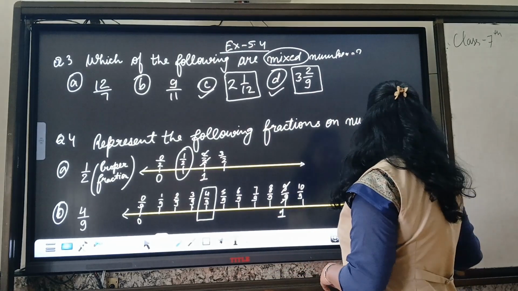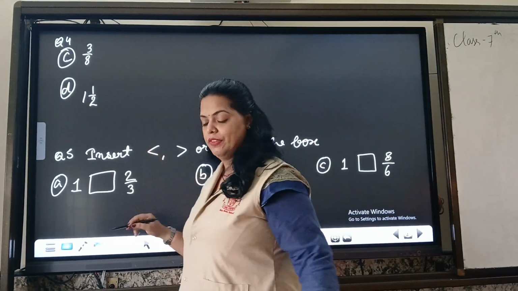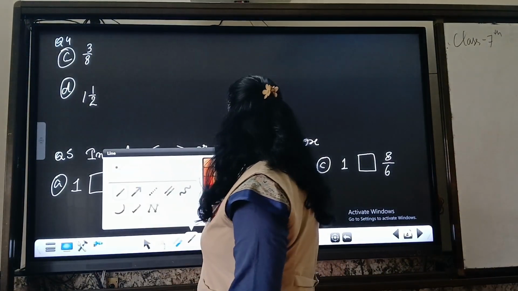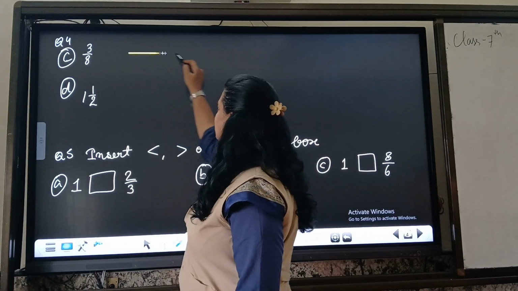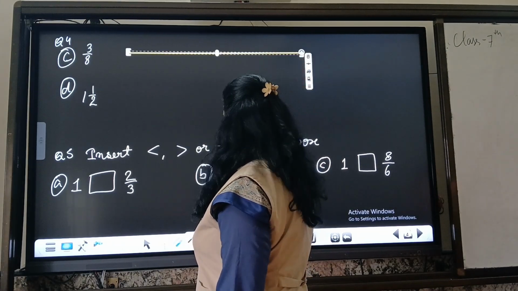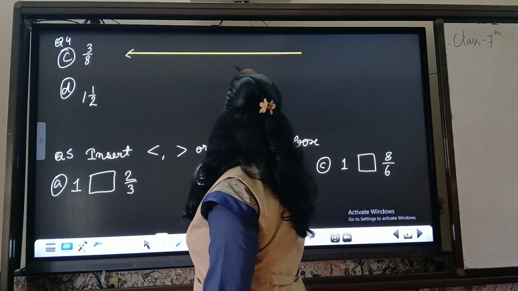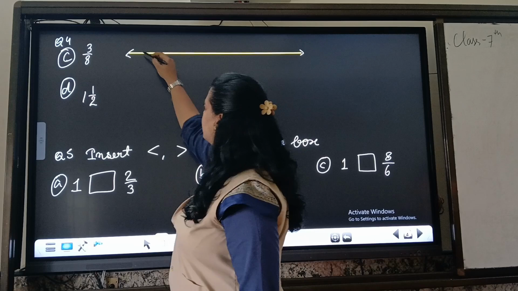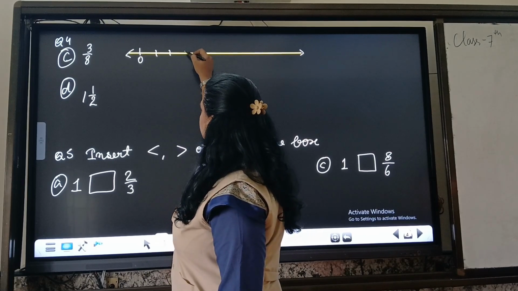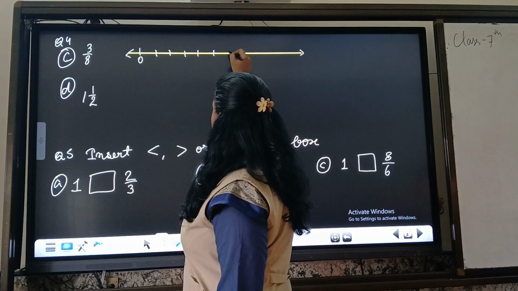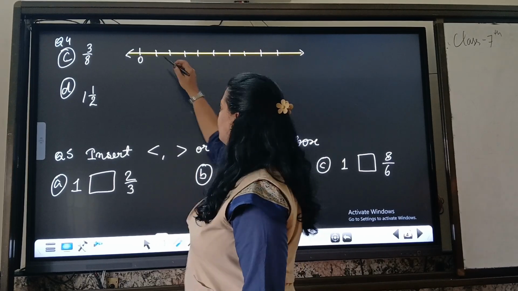Okay. Now, in our C part, we have 3 upon 8. We will draw again a line segment, or sorry, it's a line. Line segment has a fixed length and line is endless. Here I am marking 0 and 1, 2, 3, 4, 5, 6, 7, 8, 9. 1 extra I am always taking.